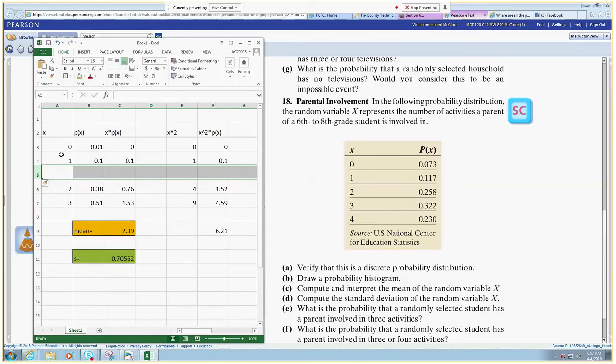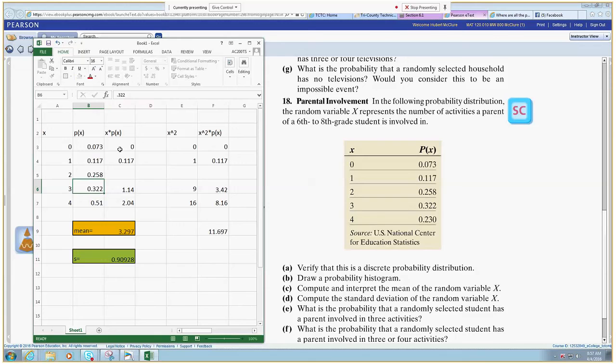Insert 0, 1, 2, 3, 4. 0.073, 0.117, 0.258, 0.322, and 0.230.